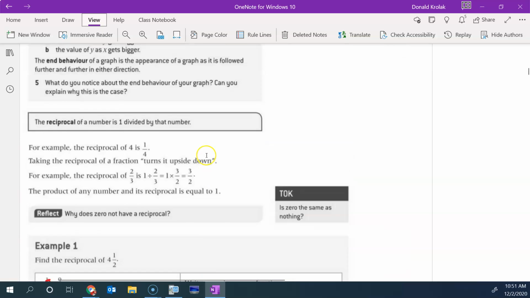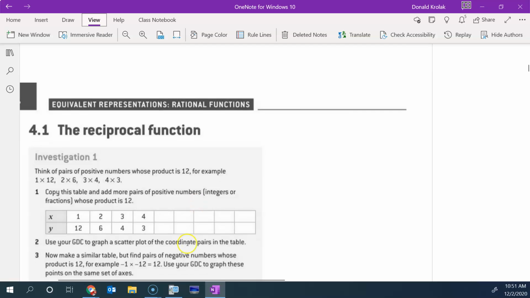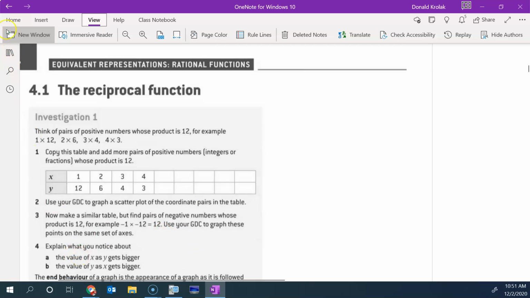All right. Now, reciprocal function. What we're gonna do on Desmos now is we're gonna take a linear function that looks like this. If I did y equals 1/12 x, you don't need to draw this, just look up here. If you were to graph this, this is a line.